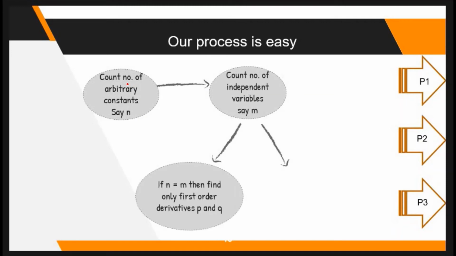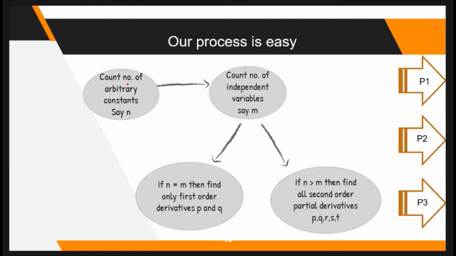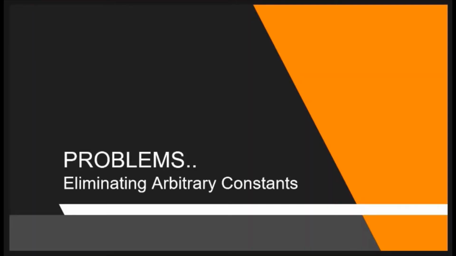If both are the same, then find only the first order partial derivatives p and q. If n is greater than m, then find all the second order partial derivatives p, q, r, s, t. Now let us solve some problems related to finding a partial differential equation by eliminating arbitrary constants.